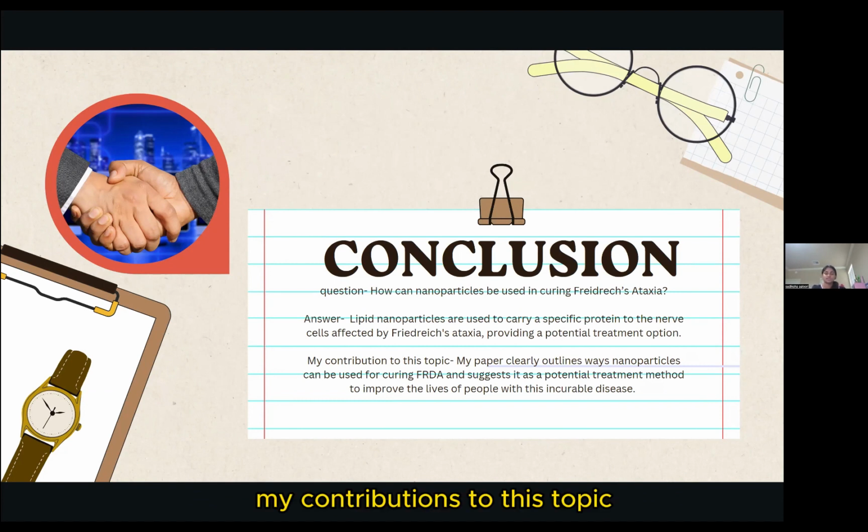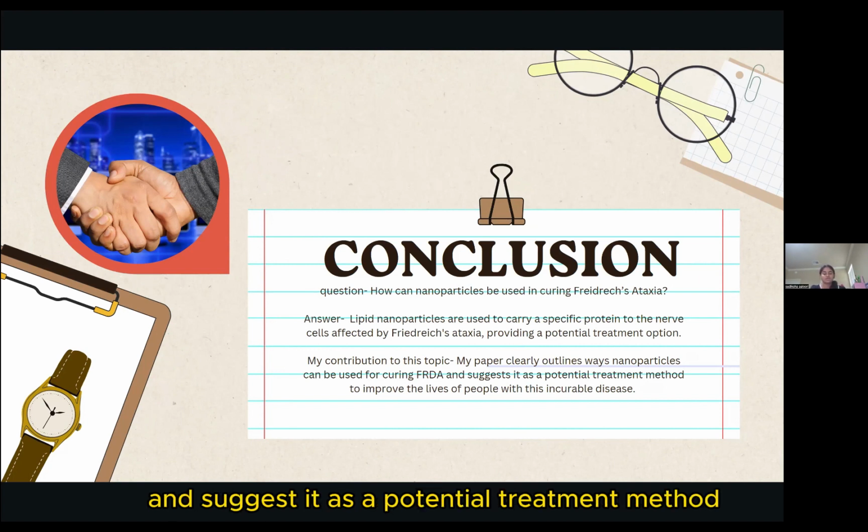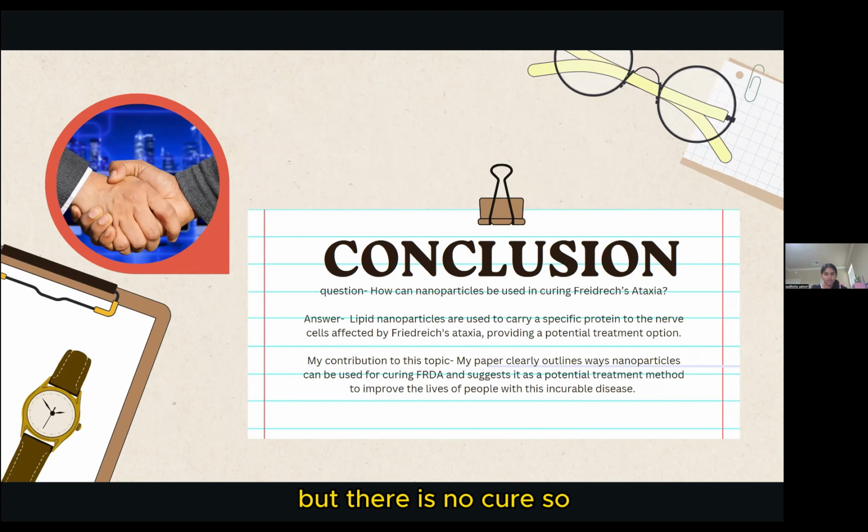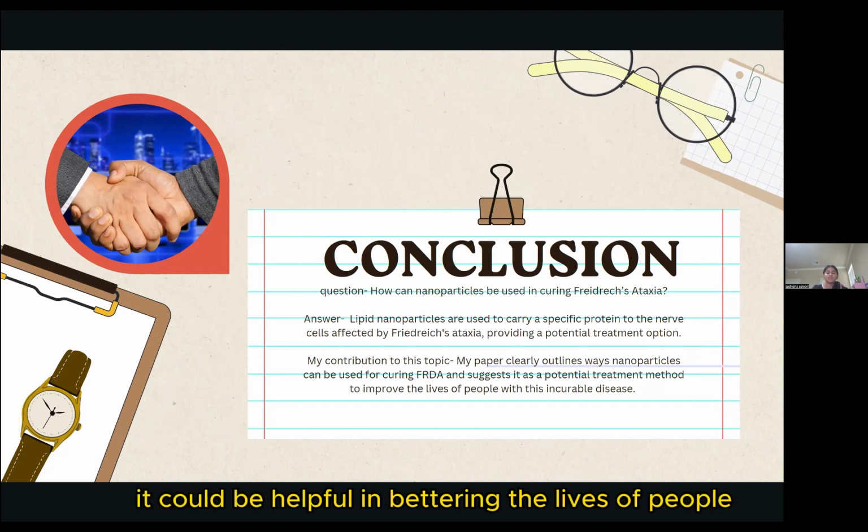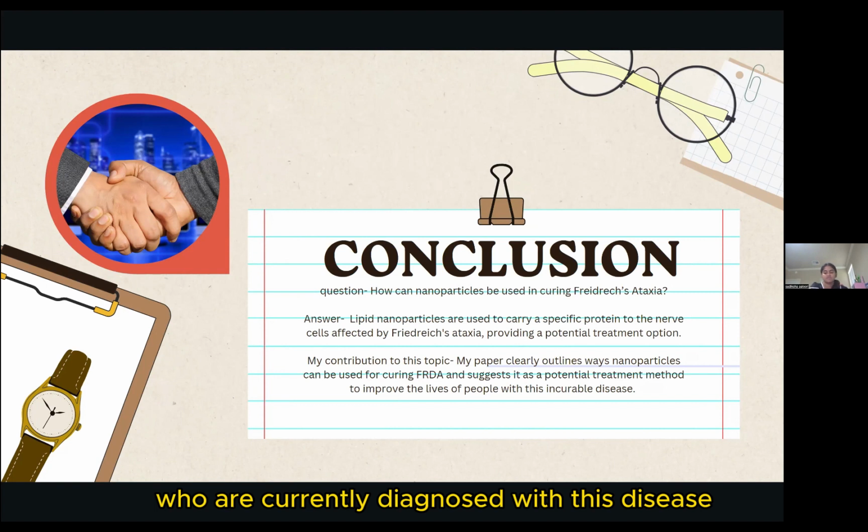My contributions to this topic: my paper clearly outlines ways nanoparticles can be used for curing Friedreich's ataxia and suggests it as a potential treatment method, and can possibly improve the lives of people with this incurable disease, just because this disease is being researched currently, but there is no cure. So if we can potentially use nanoparticles for treatment options, it could be helpful in bettering the lives of people who are currently diagnosed with this disease.